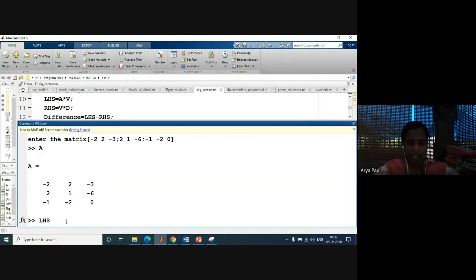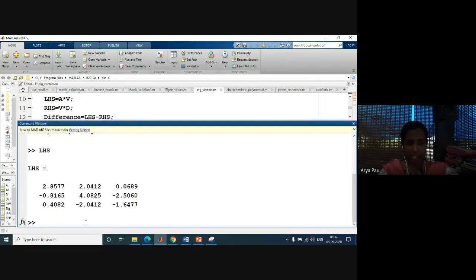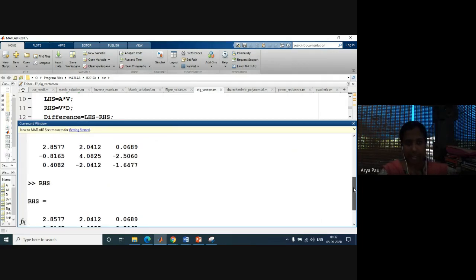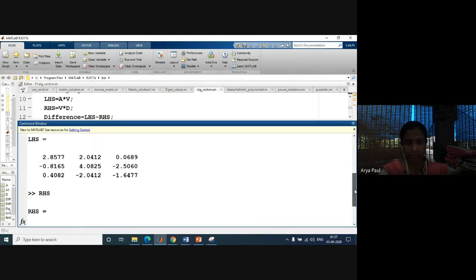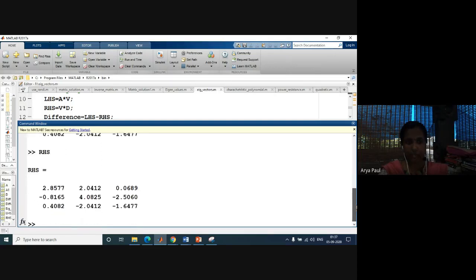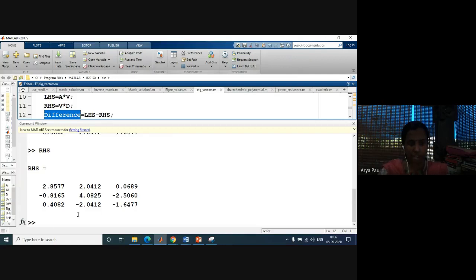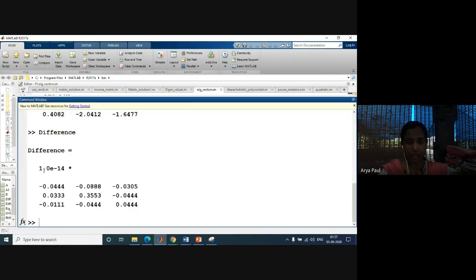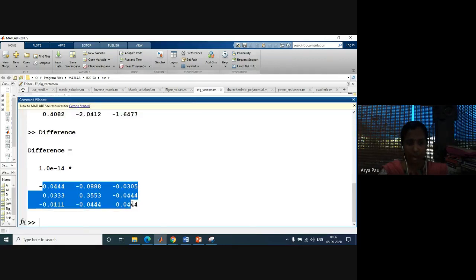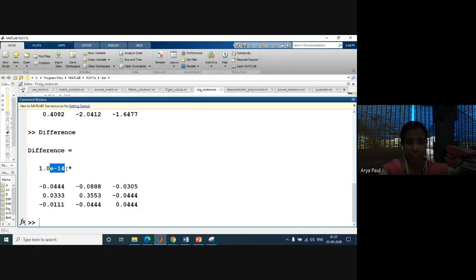If you type LHS, it is this, and RHS. See, they are the same. LHS is 2.8577 and RHS is the same. Both matrices are the same. Now the difference, LHS minus RHS. If you see the difference, it is very close to 0, because this matrix is multiplied by e to the power minus 14.